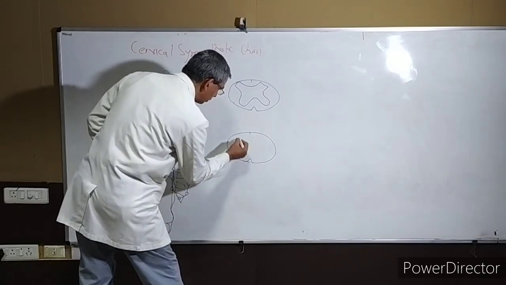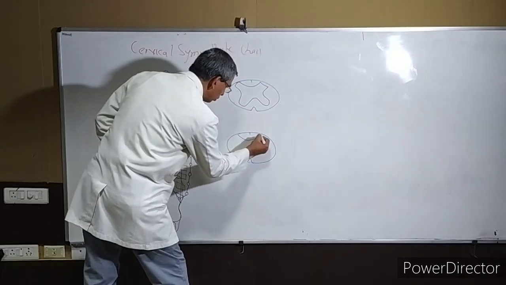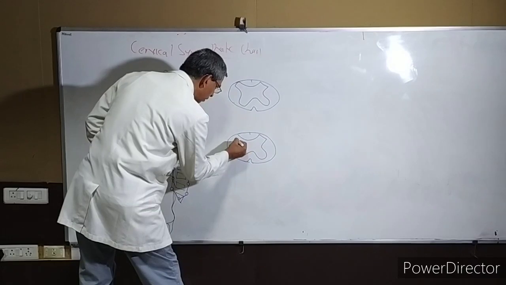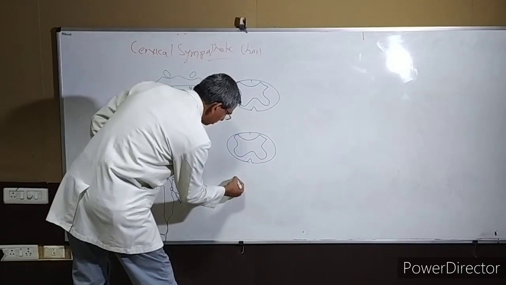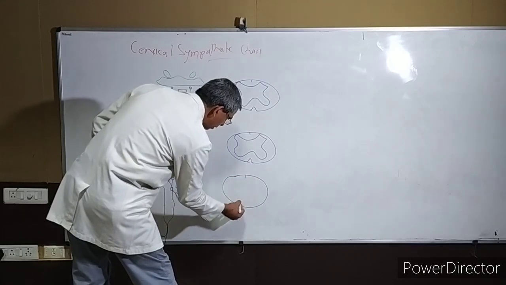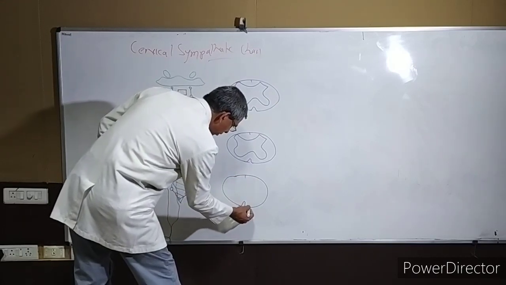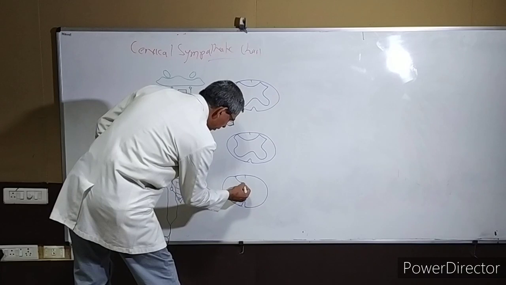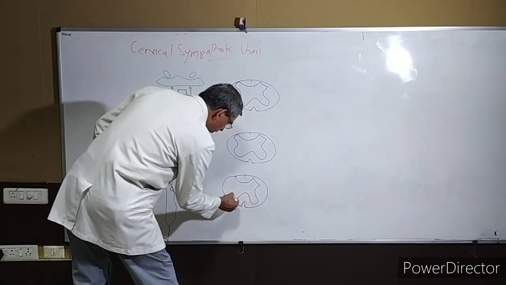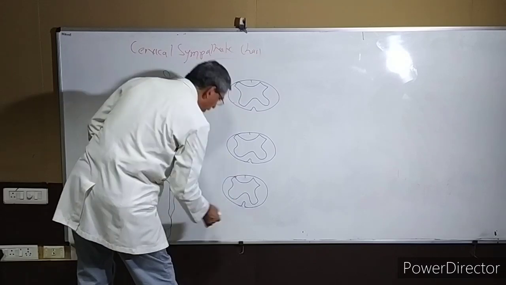This is the anterior median fissure. These are the dorsal roots. Another segment here, the fissure, the dorsal root, ventral horn, and so on.